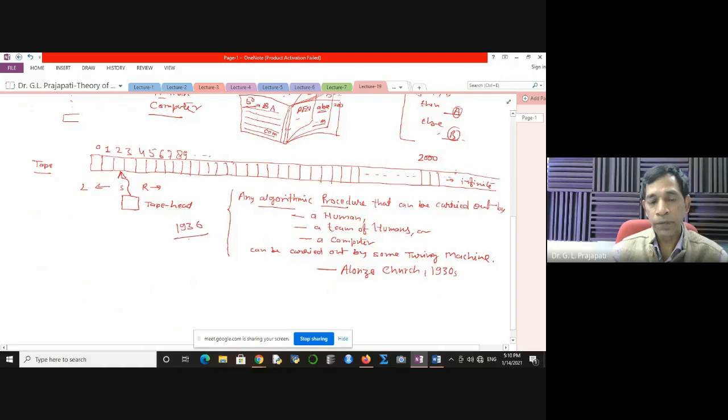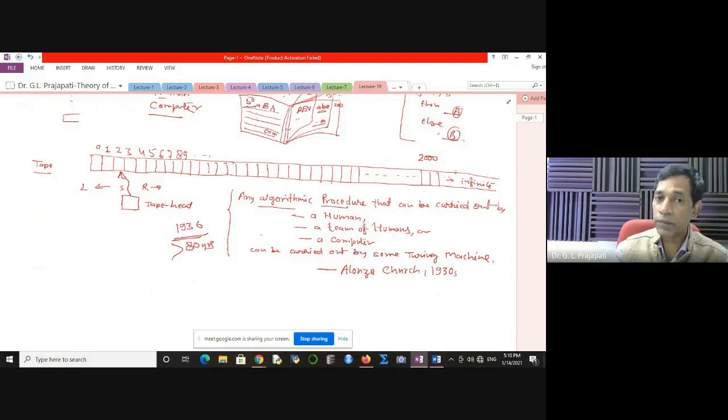Over 80 years have passed, and we have not encountered any experience for which we can say that this statement is wrong. Means if we can do it, or a team of persons can do it, or some machine can do it, the same problem can also be solved with the help of a Turing machine.